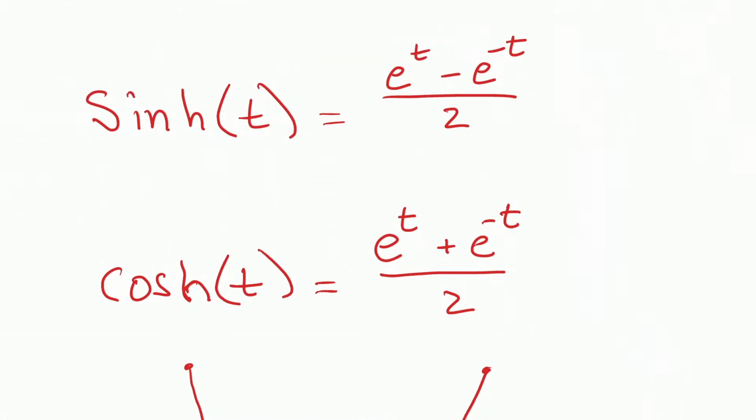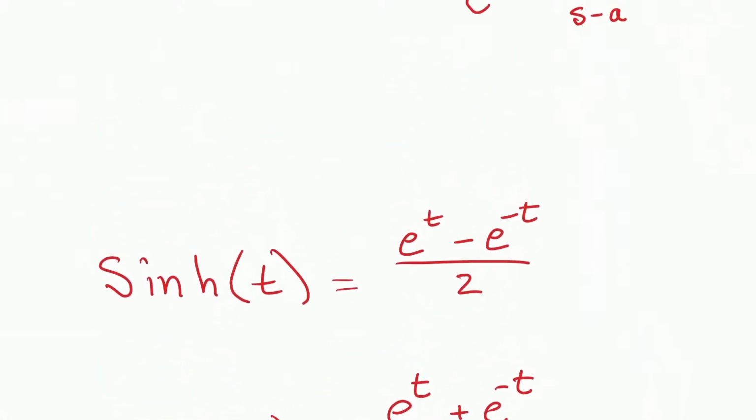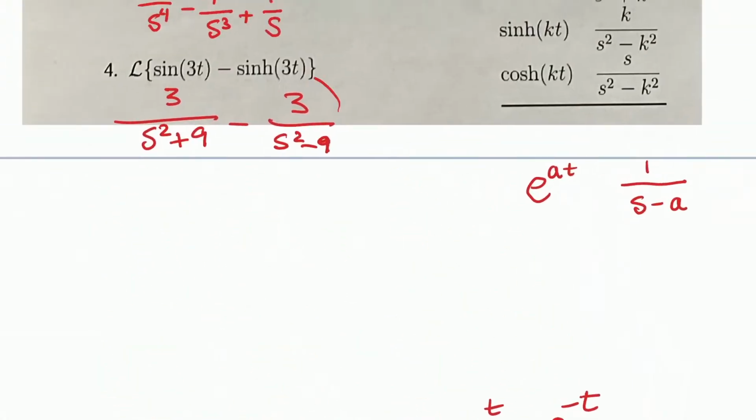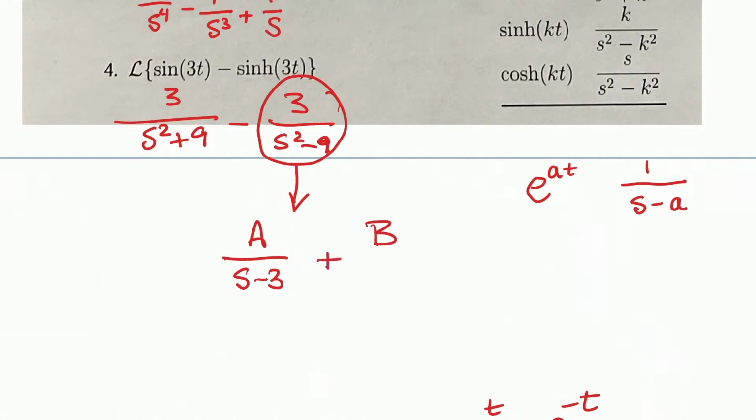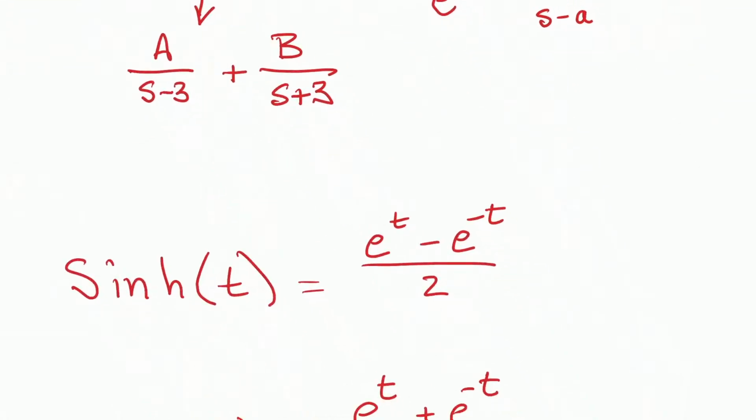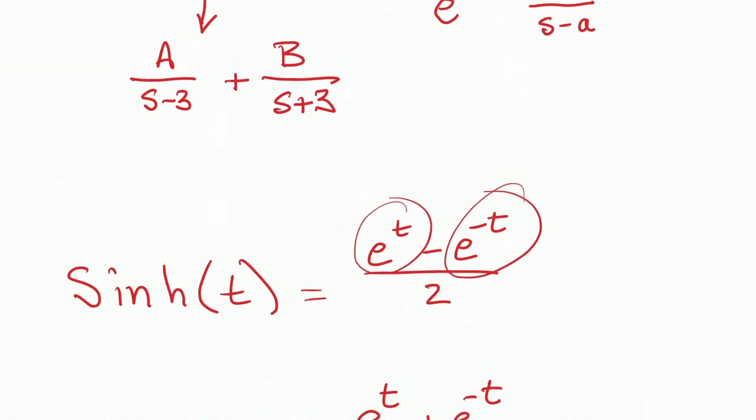So here's why you should be happy that we are using hyperbolic functions. If we didn't, we would have to take this thing and use partial fractions to do this: s minus 3 b over s plus 3, because you could factor the denominator and you would eventually get e to the 3t and e to the negative 3t over 2.